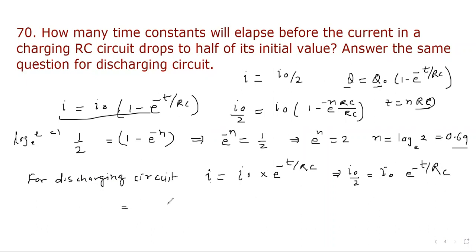So this will become 1 upon 2 equal to e to the power, and then we take t equal to n times RC. So e power minus n will be left, which gives e power n equal to 2. We take log, so n equal to log 2 base e, and that is 0.69. So in both the cases, the answer is the same.